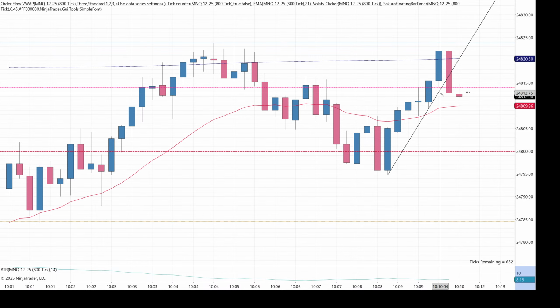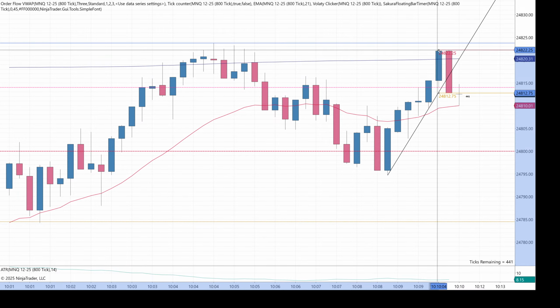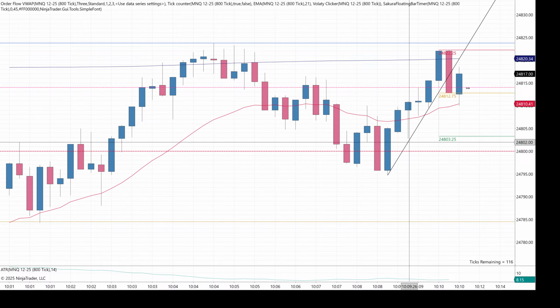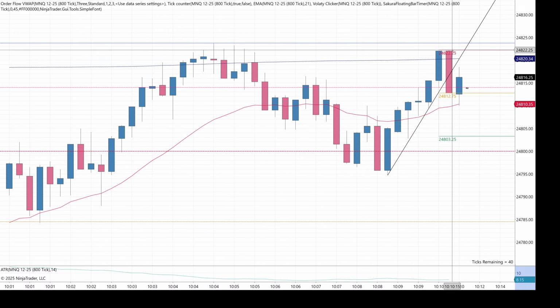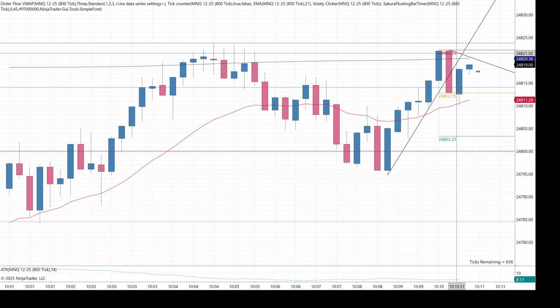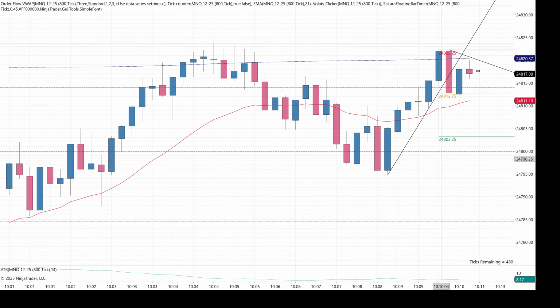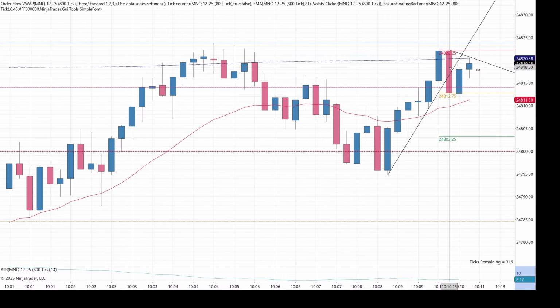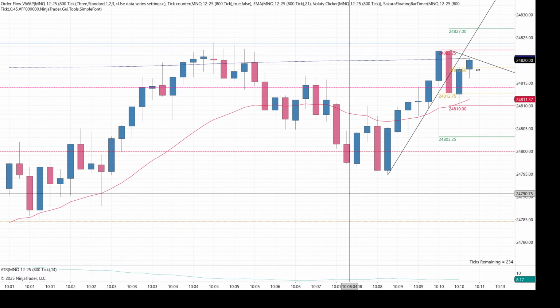This is a trigger lower, but we can't take it. And this is also a trigger higher here, but we also can't take it.